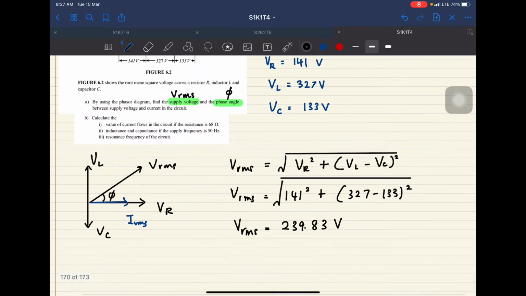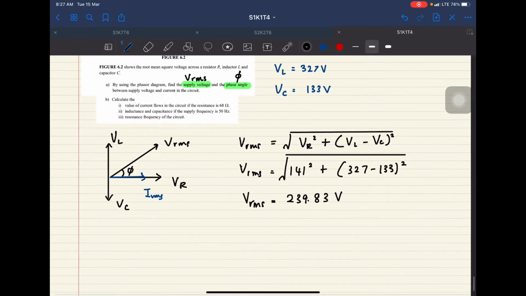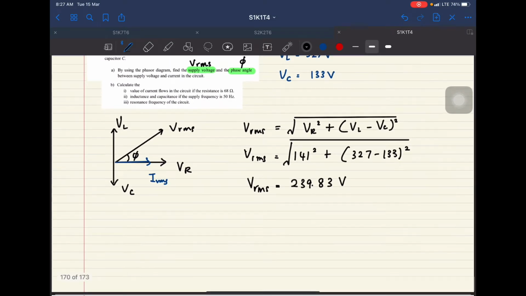In the next question, they want to find the phase angle. So you can use cos phi if you want to, which is equals to, in this case, you can see that this one is equals to adjacent over hypotenuse. So adjacent is VR, hypotenuse is VRMS.